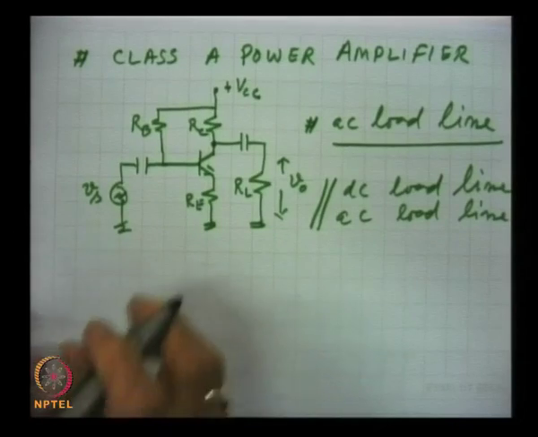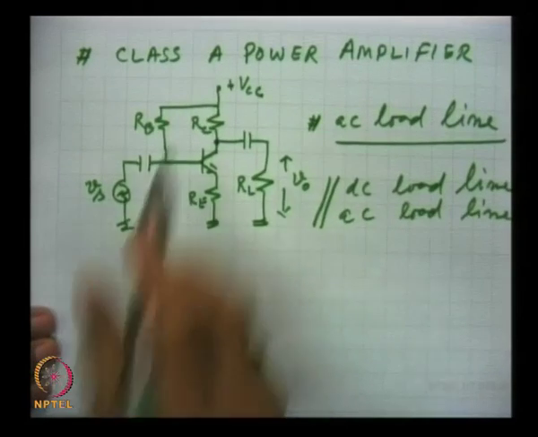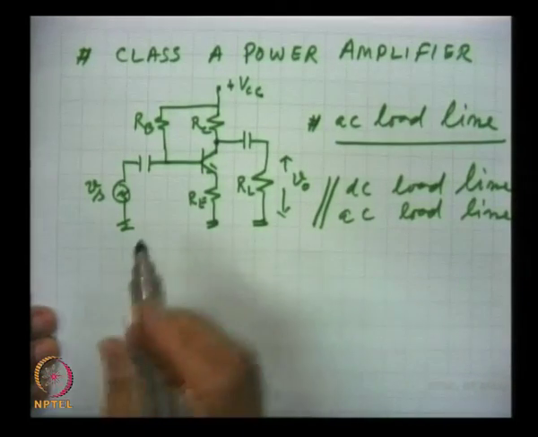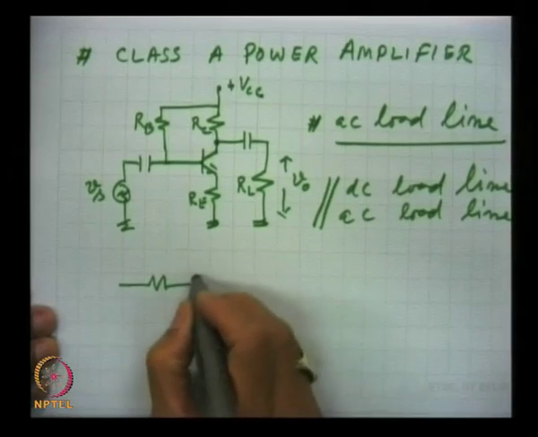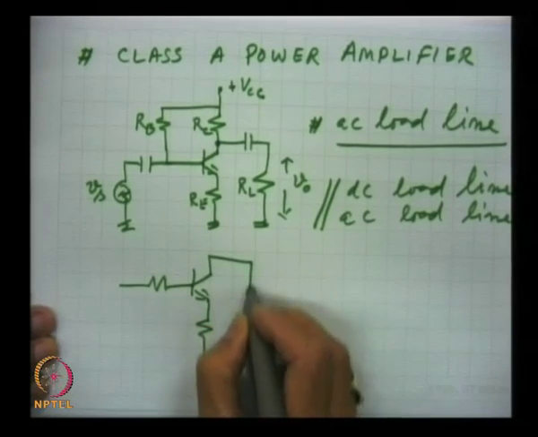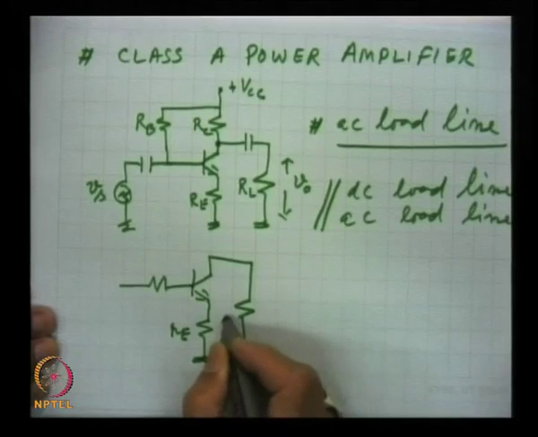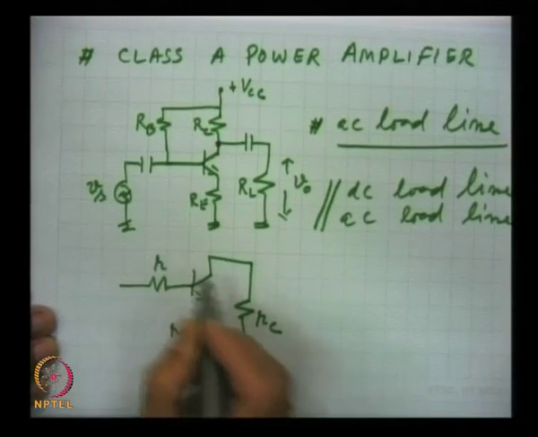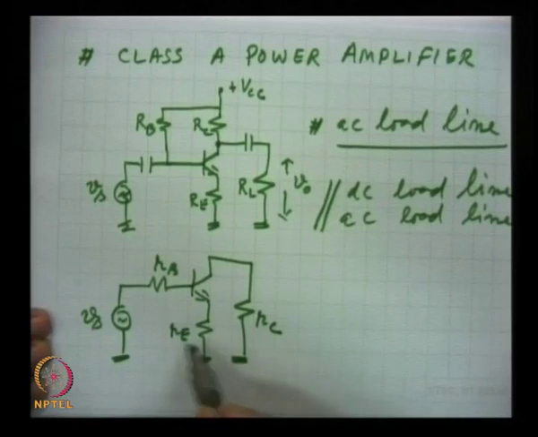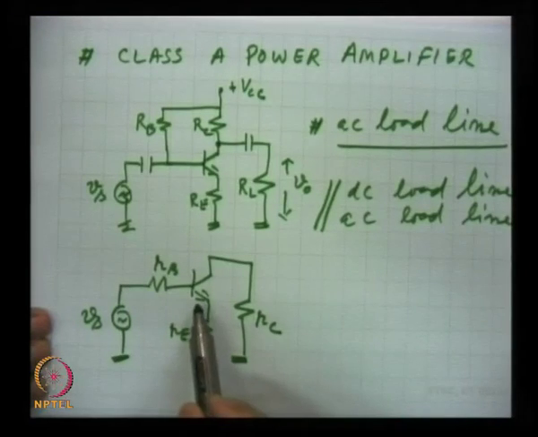For that, we draw the AC equivalent of this circuit, and for that the thumb rules have to be used. The DC voltage sources have to be grounded, capacitors have to be taken as short. So, this is the circuit. Here, instead of RE, I have written this RE, which is the effective AC impedance as seen by the emitter.